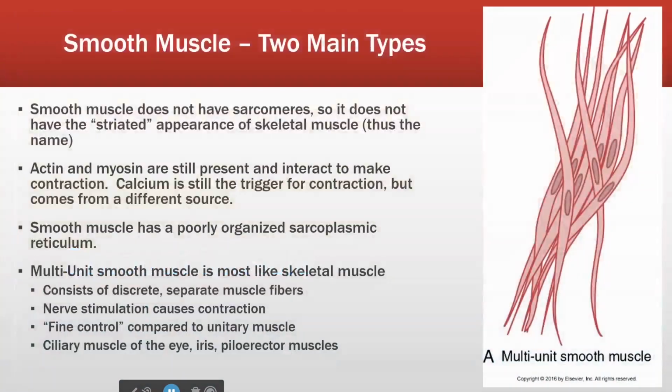So we're going to talk just a little bit about some characteristics of smooth muscle, so that when we talk about it, you will have a better understanding of what it is we're talking about. We call it smooth because it doesn't have striations. In smooth muscle, we don't have sarcomeres.